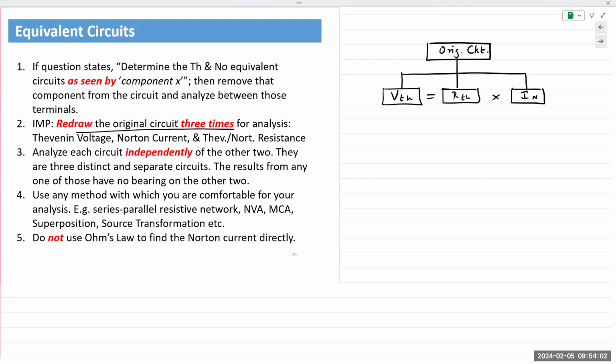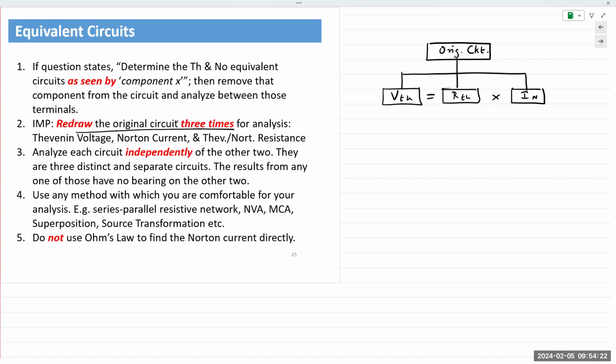So when you remove R6 from the circuit, those open terminals are where you would do all of your measurements. So all you're doing for Thevenin voltage is going back to the original circuit and simply determining the voltage at those terminals, which you can do with any technique you want.